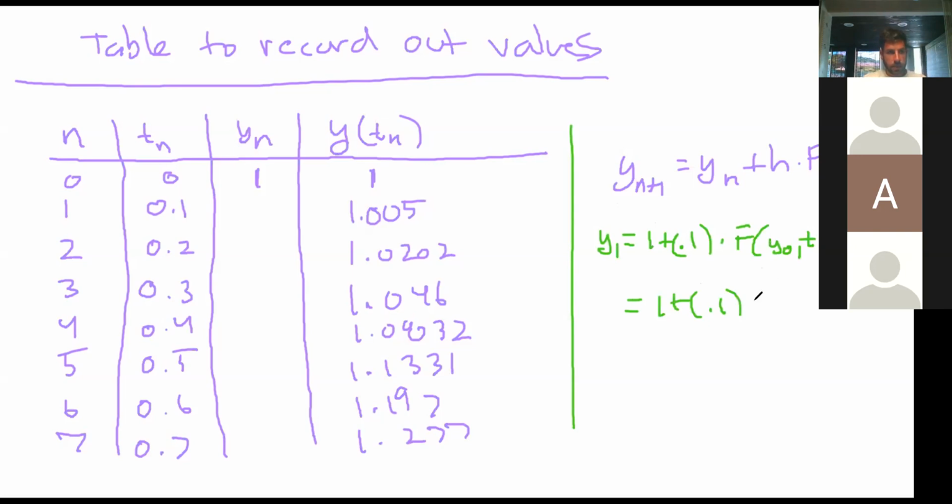This is y times t, so this becomes times y sub 0 times t sub 0. But t sub 0 is 0, so this goes away, and you get 1. So make sure you understand how I got that. So I get 1 again.